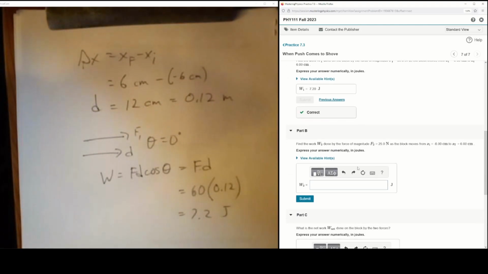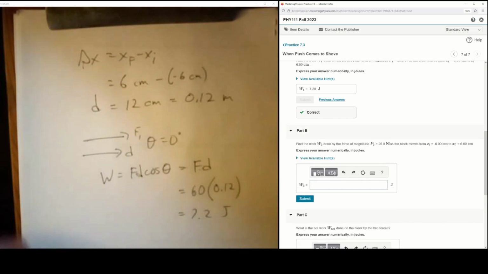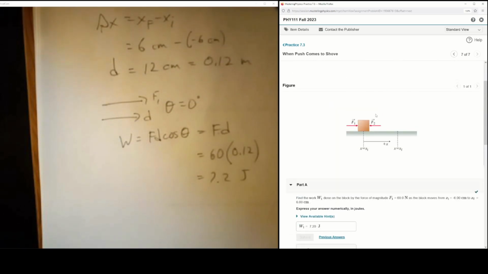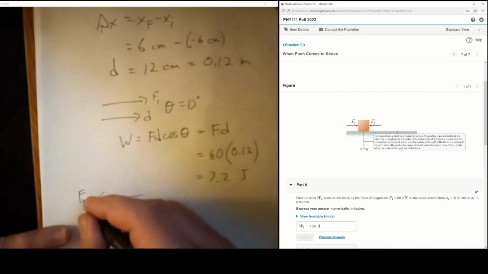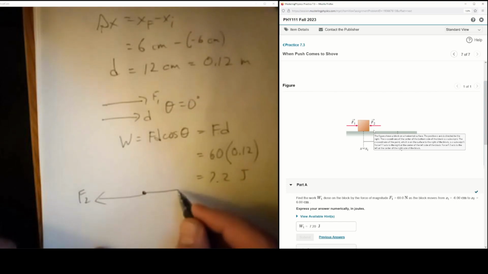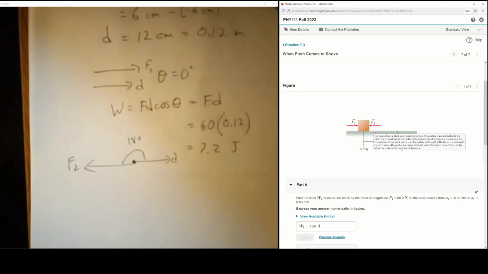So part B. Now they're asking how much work is done by force 2. We're using the same equation. However, force 2 is pushing to the left, but displacement is to the right. This angle is 180 degrees when we connect these vectors tail to tail.